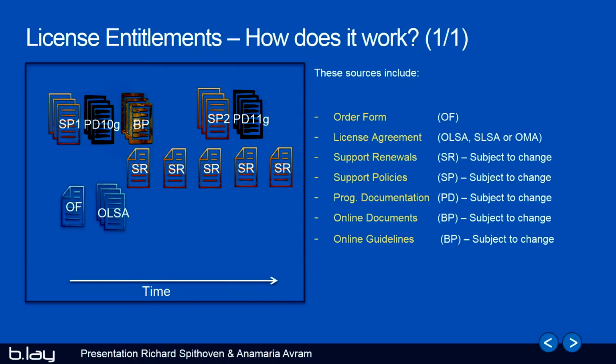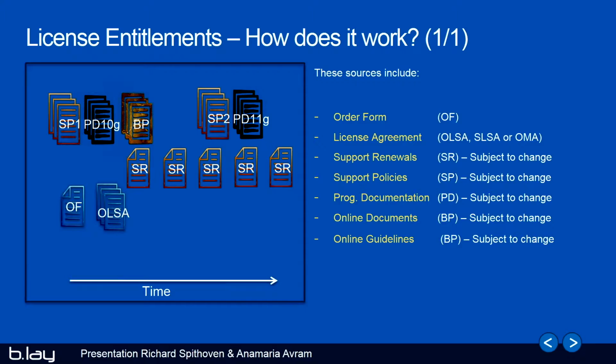And given the fact that you do have the right to make use of the latest version, you should be making sure that you keep an eye on the program documentation as well, because Oracle, like other vendors, keep the right to bundle and unbundle certain functions and functionalities from one older version to a newer version. So your licenses are at all times dynamic and can or cannot include different features at a later stage, even if you've bought licenses 10 years ago.